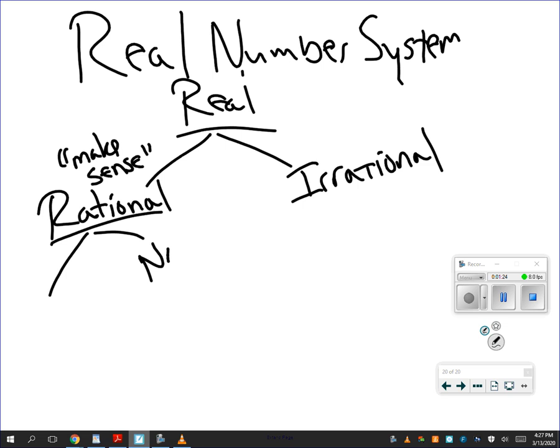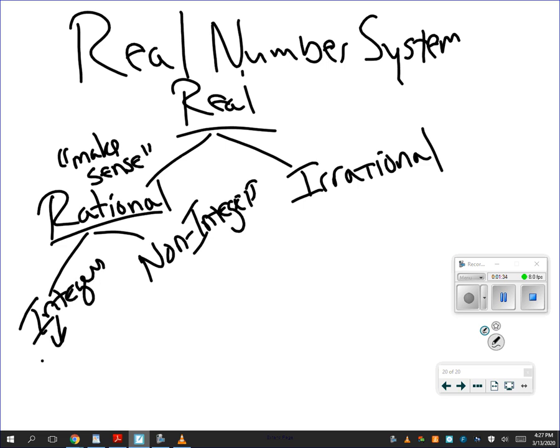So rational numbers go off into two categories: integers and non-integers. Integers break into the wholes, and the wholes break into the naturals. If you have a decimal, you cannot exist in this box.